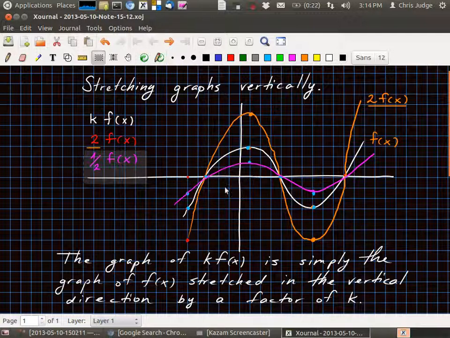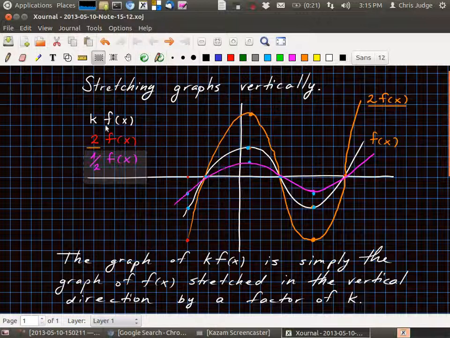And it shrinks it by a factor of 2, but that's the same as stretching by 1/2. So that's what happens when you multiply the function by either a positive number less than 1 or a positive number bigger than 1. You get either stretching or shrinking, where shrinking can be thought of as stretching by a factor less than 1.